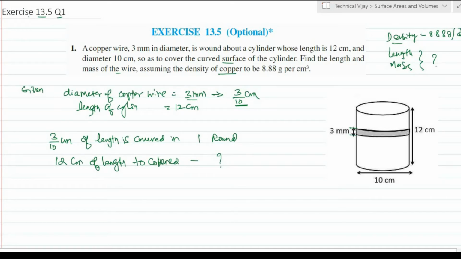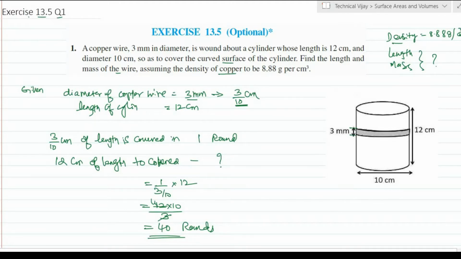What we have to use here is 1 divided by 3 by 10, into 12 centimeter. That is equal to 12 into 10 divided by 3. So 3 fours are 12, and 4 into 10 is 40. So 40 rounds of copper wire are to be wound to cover the full 12 centimeter.